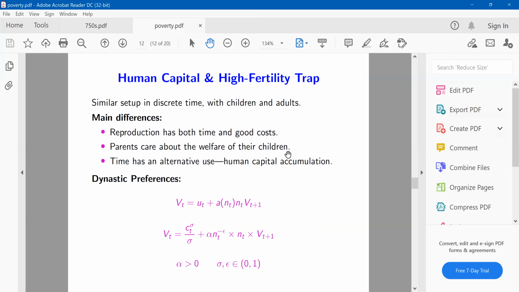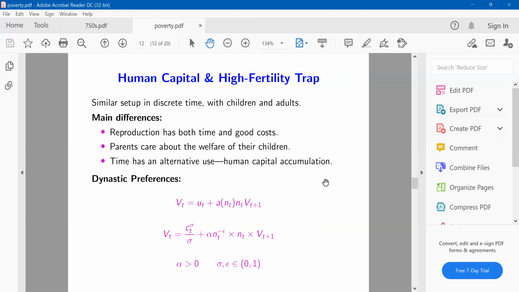Another main difference, as I said before, parents care about the welfare of their children. So this creates a dynamic optimization problem, obviously. And time has an alternative use. In the earlier model, the simple Malthusian model, people only work, but here people can use some of their time to educate their kids. And if you spend a larger amount of time to educate your kid, they become more skillful.